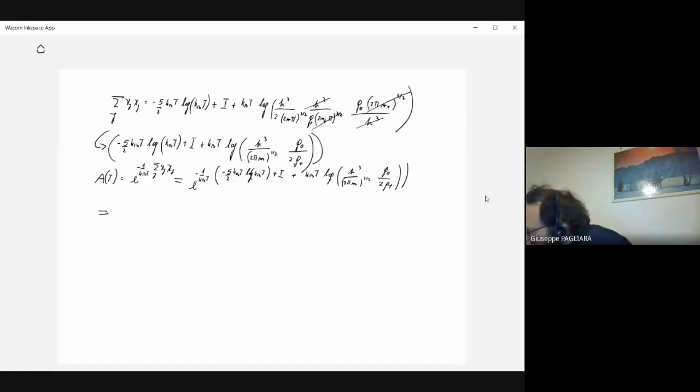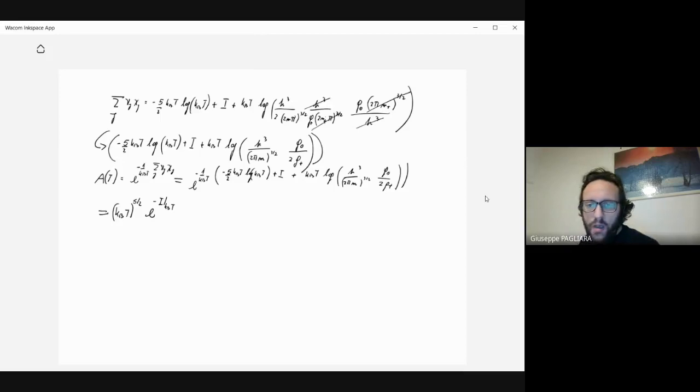Here a kBt cancels, then there is a plus 5 half, and then I have kBt to the power of 5 half as a first term, when I do the exponential of the log. Then I have another term, which is the exponential of minus I divided by kBt. That was expected.